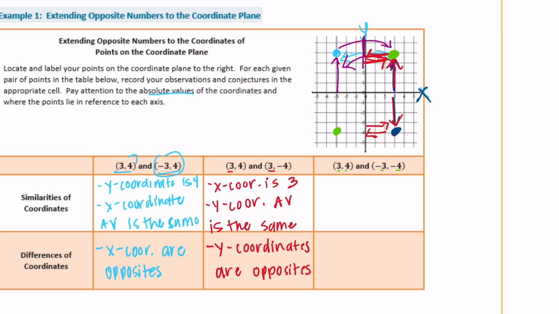We could say that. So let's say x coordinates have absolute value of 3, and y coordinates have absolute value of 4.